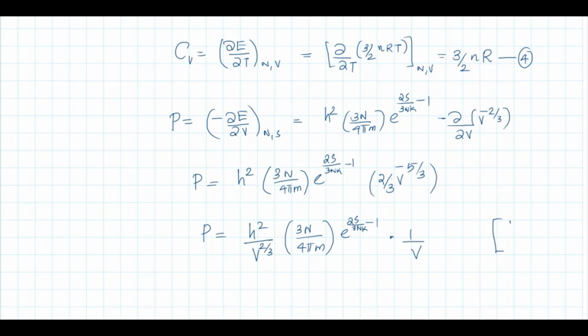I can write 1 by V raised to 5 by 3 as 1 by V raised to 2 by 3 into 1 by V. Why did I write it like this? Because with the 2 by 3, I can write it as 2E by 3V. P is equal to 2E by 3V. This is equation number 5.